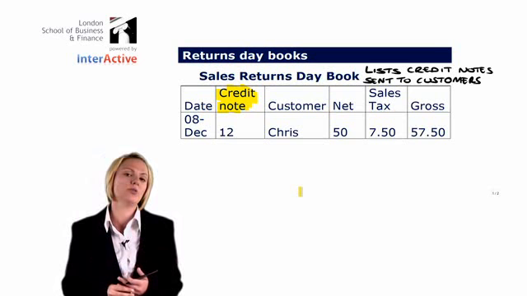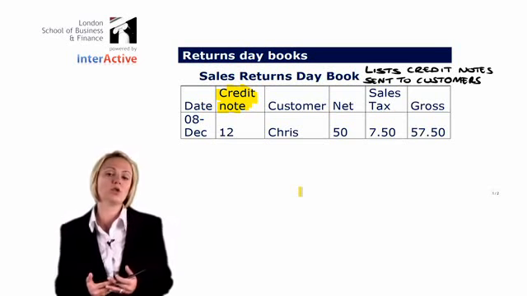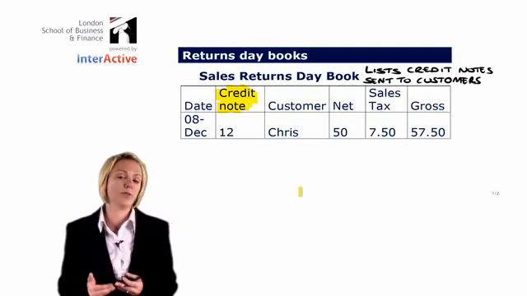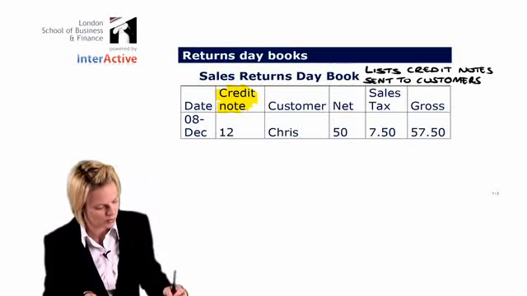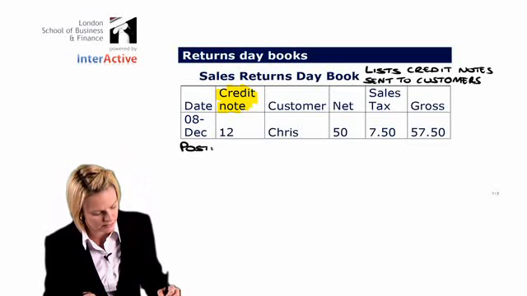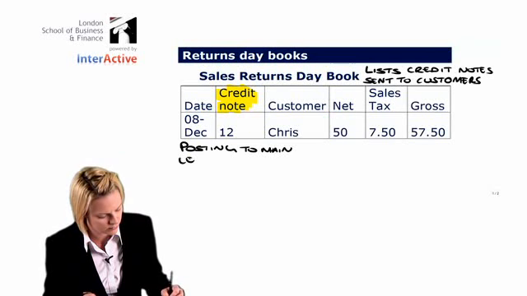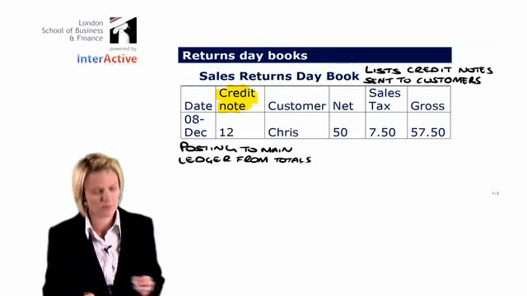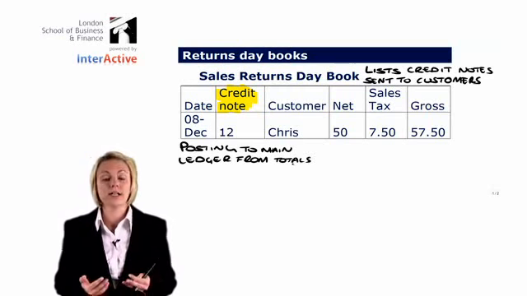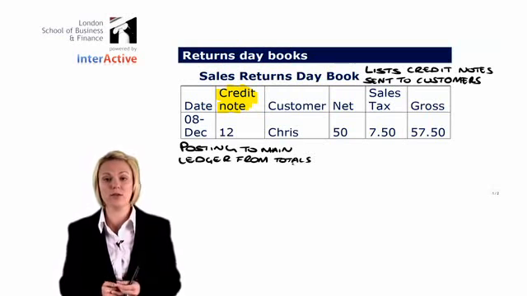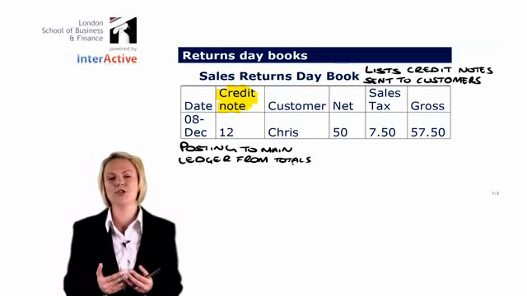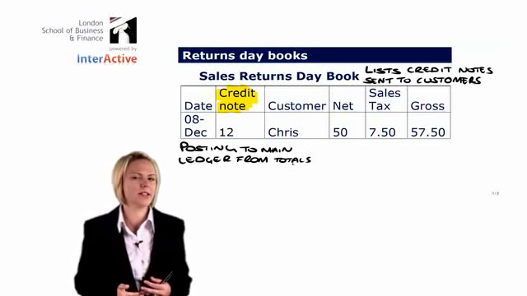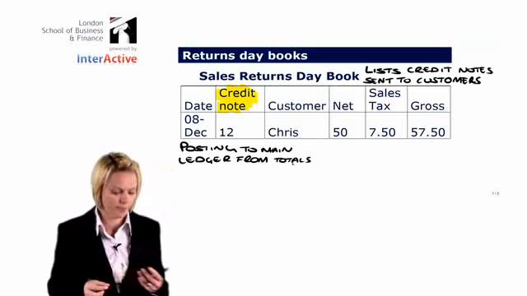If there was more than one customer we're doing credit notes to, of course we're going to post to the main ledger from the totals. Now a return is the exact opposite of a sale. So think about your double entry for a credit sale, and now reverse the debits and credits, and that would be a return.